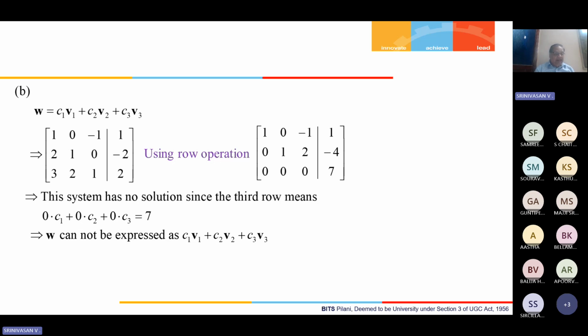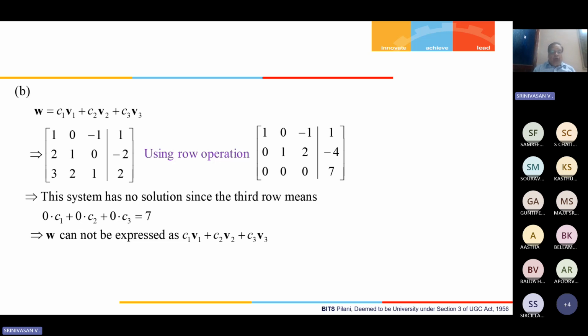So by one more operation, simultaneously operating on R3 and R1, you have 0, 2, 4. Here you will get 2 minus 3 into 1, so it is minus 1. So that is one step that is skipped here. So what is the next step then?